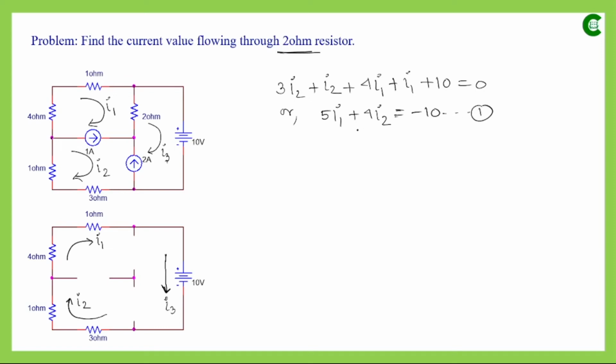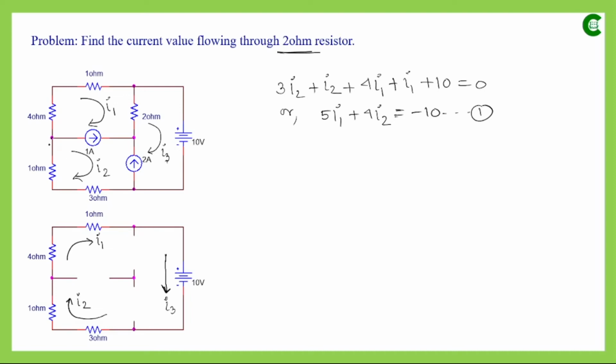Now we can see that in this equation we have two variables, I1 and I2, and we cannot simplify without another equation that involves I1 and I2. So we have to form another equation. For that we go back to the original circuit and apply the concept of KCL, or node analysis.